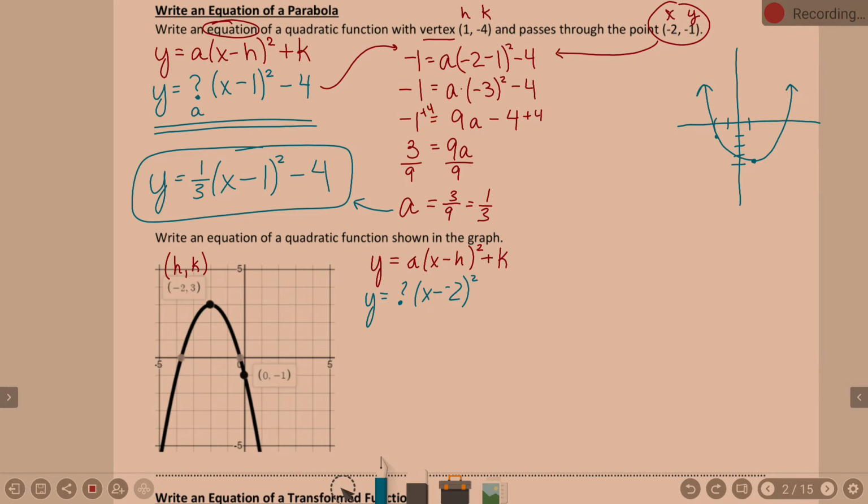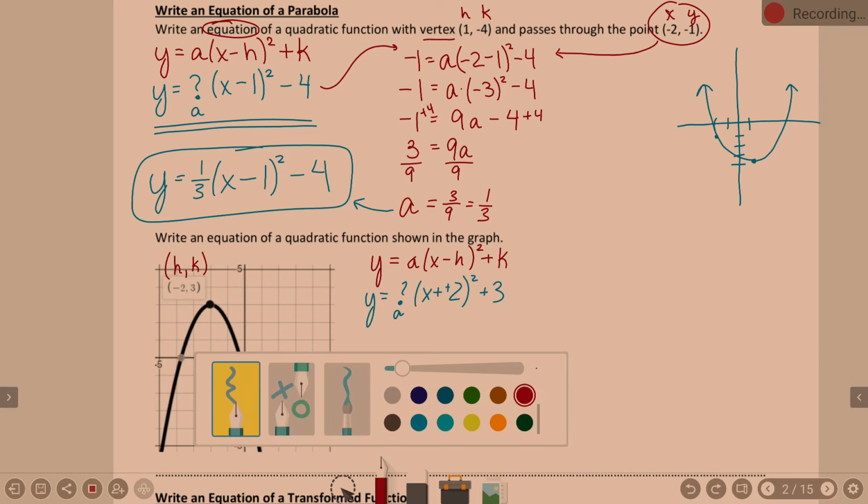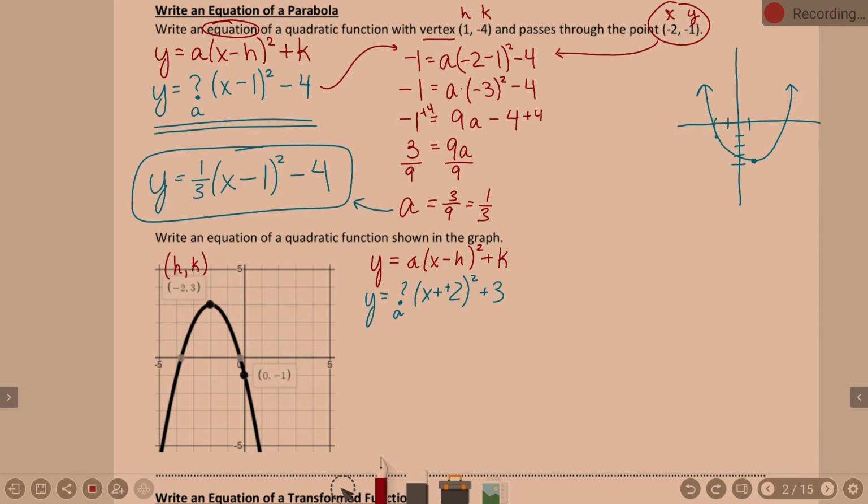So that's going to become x plus 2, quantity squared plus 3. The question is, we don't know a. So what's that other ordered pair provide me with? Yeah, 0 and -1 are an x and a y value.